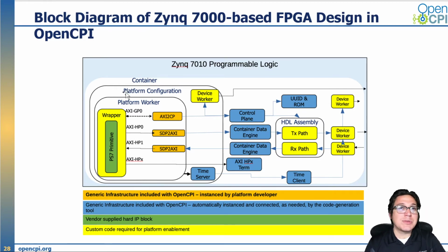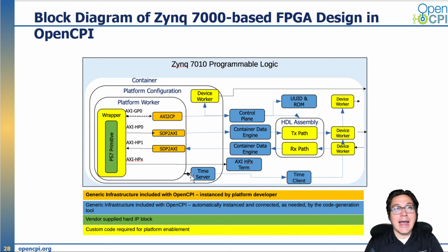There's another optional XML document called the platform configuration, which allows you to enable or disable specific device workers. If you had a device worker that was very resource intensive, and you wanted a particular bitstream that didn't have that one to free up resources for the assembly, you have that capability as well.